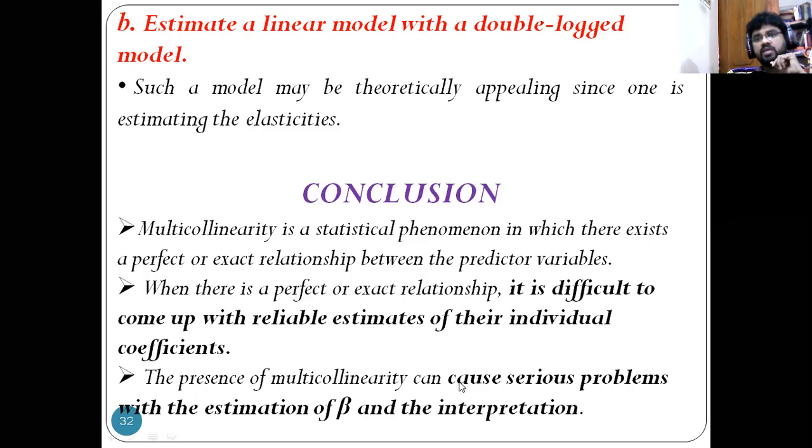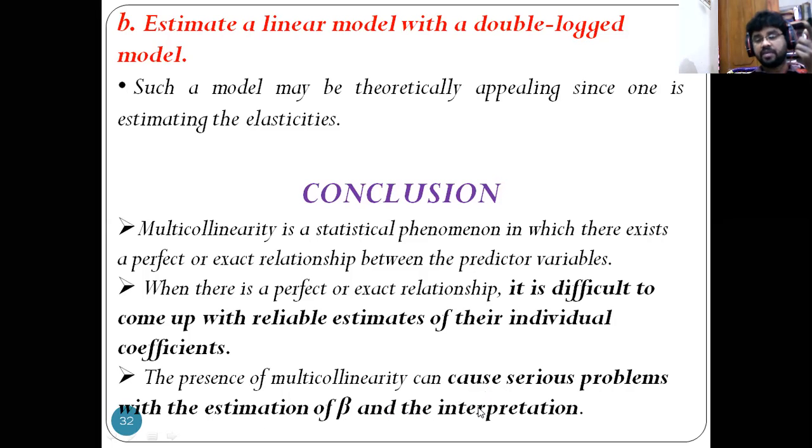The presence of multicollinearity can cause a serious problem with the estimation of the beta. When there is a perfect exact relationship between the independent variables, there is a serious problem with the estimation of the beta, that is the coefficients or parameters, and with the interpretation also.